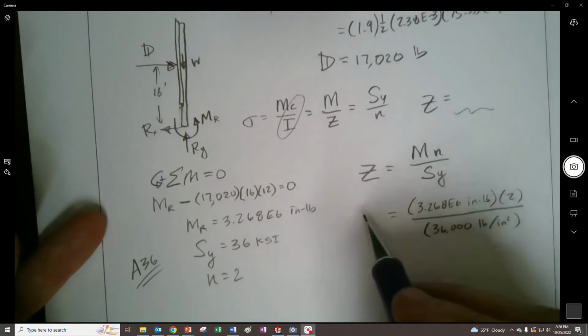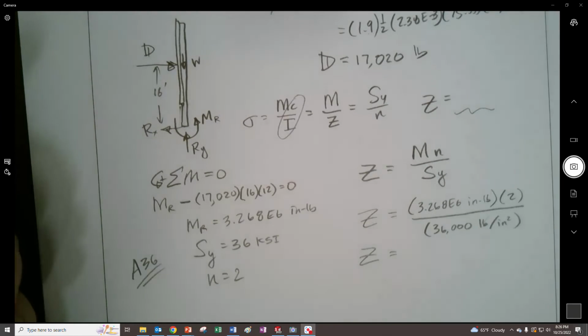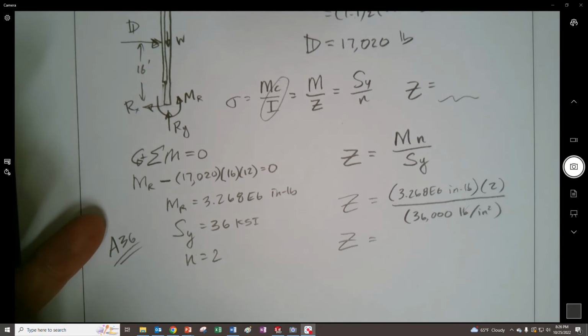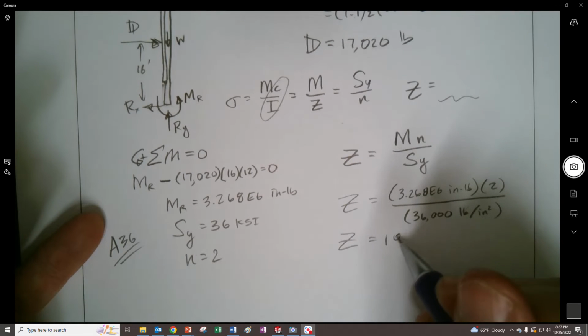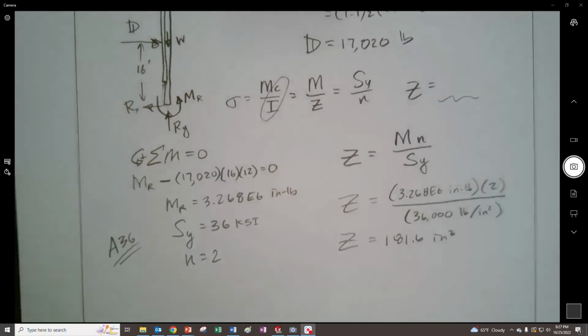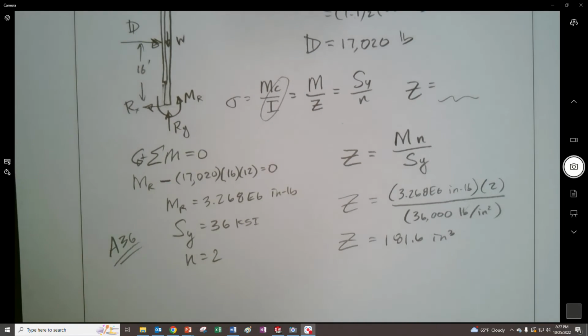What we're going to get for our Z is going to be in inches cubed, which is typical of a section modulus. If we multiply that by 2 and divide by 36,000, we're going to need 181.6 inches cubed. Let's see if that's even possible, and it doesn't look like it is.